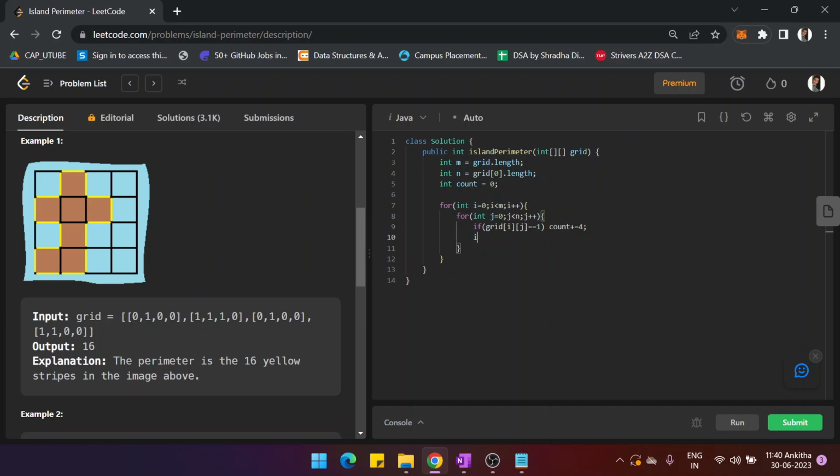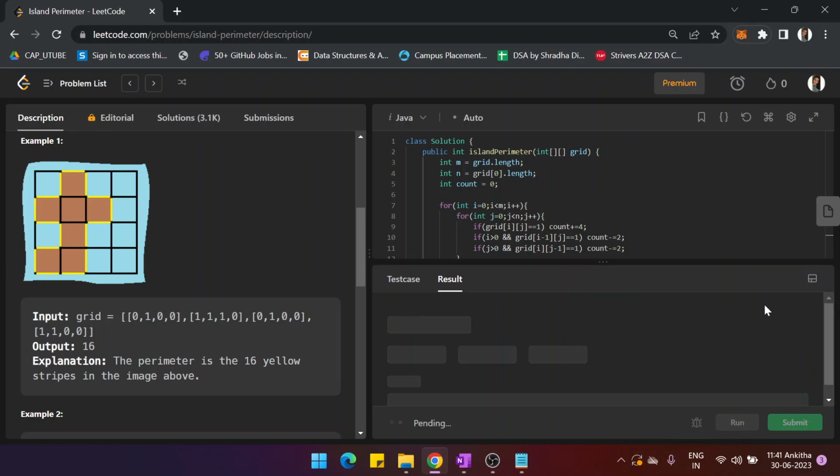Again you have to check for neighboring things. So if i greater than 0 and grid of i minus 1 comma j equal to 1, then count has to subtract, so count minus equals 2. Again, check for the column as well. So if j greater than 0 and grid of i comma j minus 1 equal to 1, then count minus equals 2. So at last you return the count.